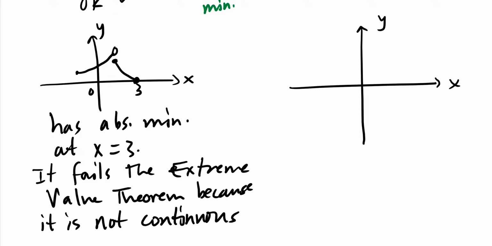What about another example? I'm going to draw a line here. That's what we call a vertical asymptote. And then let's say it goes this way. If we look at this one, does it satisfy the conditions of the extreme value theorem? Continuous, it's okay.